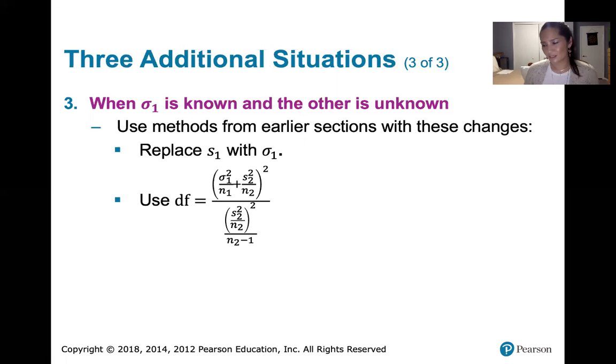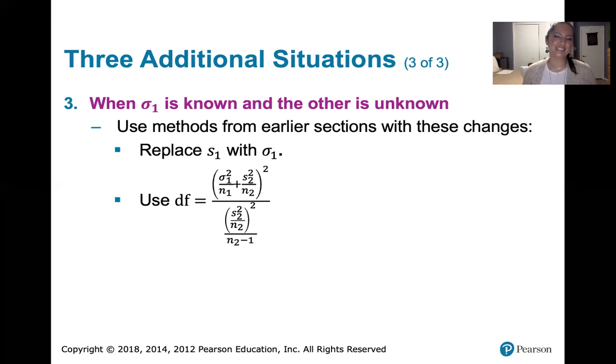Once you have that number of degrees of freedom, you're going to use the student t distribution again. You're going to come up with a test statistic t. You're going to use critical values from a student t distribution as well. So everything is pretty much the same. The formulas just change a little bit if you happen to know one of the population standard deviations and you don't know the other one.